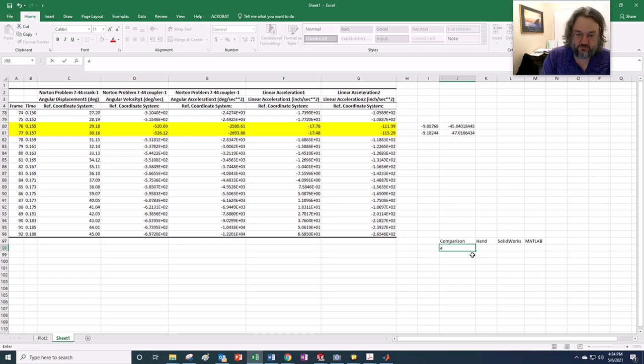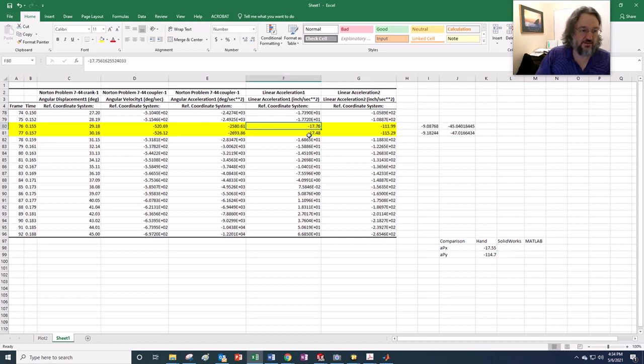APX and APY, right? So by hand, we said that it was negative 17.55 and negative 114.7, right? And SolidWorks, we could just put these guys in there, right?